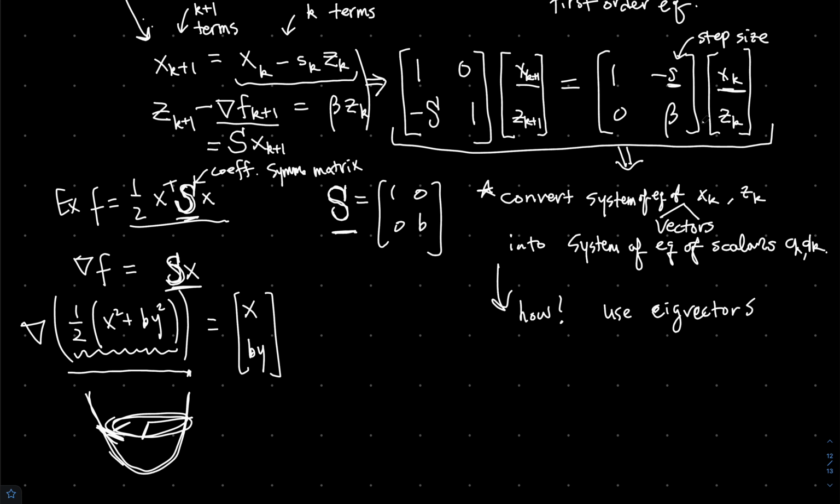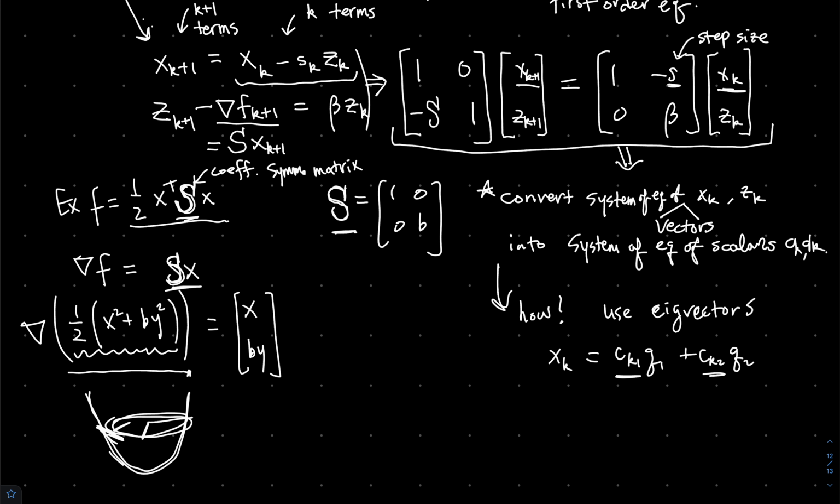If we have two eigenvectors, q1 and q2, we can write xk equals ck1 q1 plus ck2 q2, sort of like this. Now, if we consider too many coefficients at once, it becomes a bit more complicated.